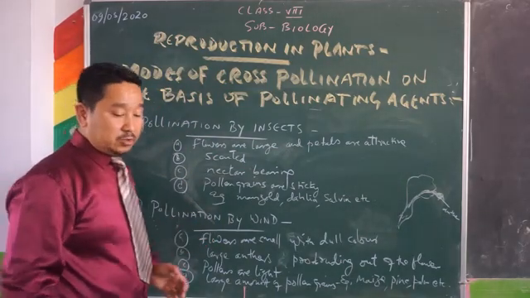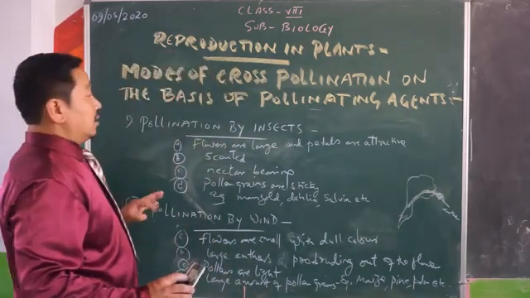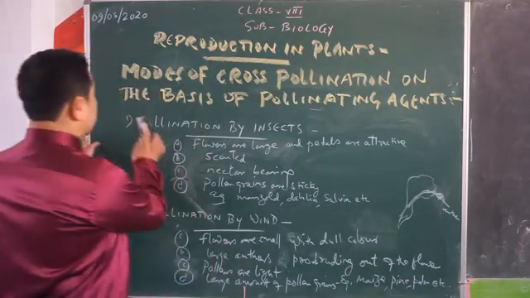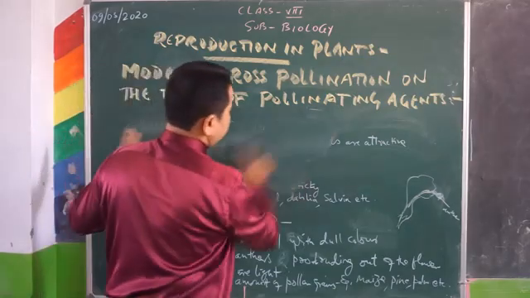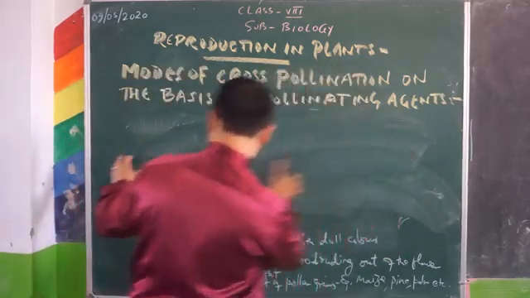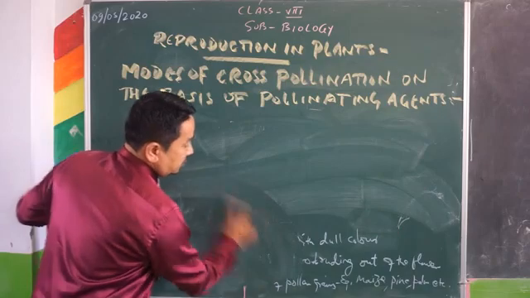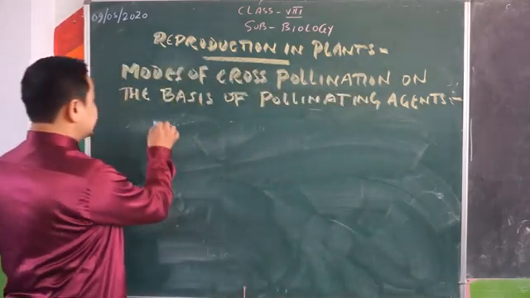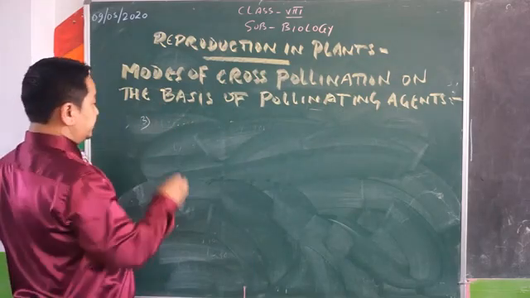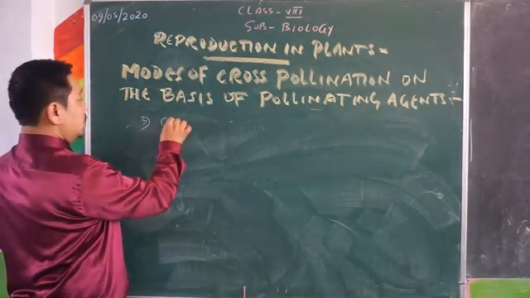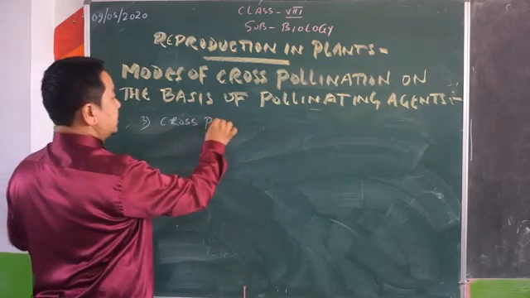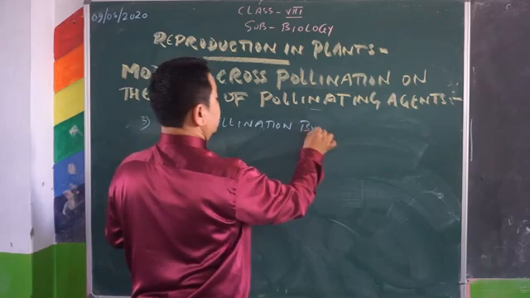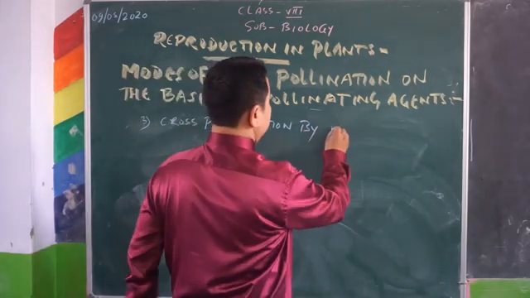Okay. So these are the two types of cross pollination on the basis of pollinating agents. Now the third type of pollination we have is cross pollination by water.